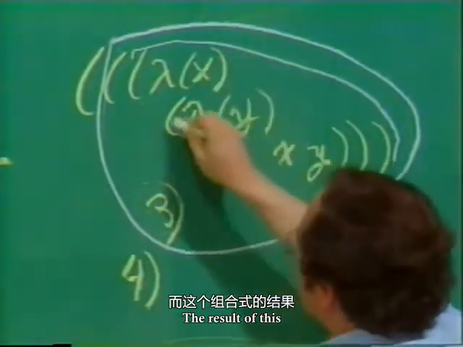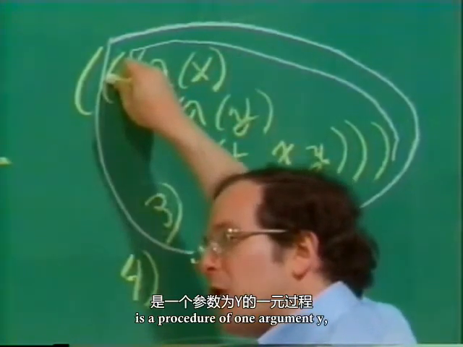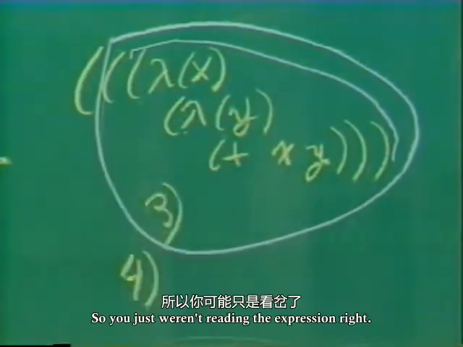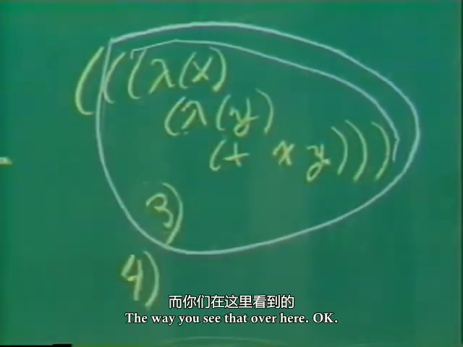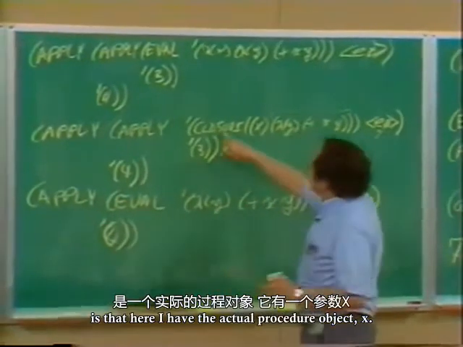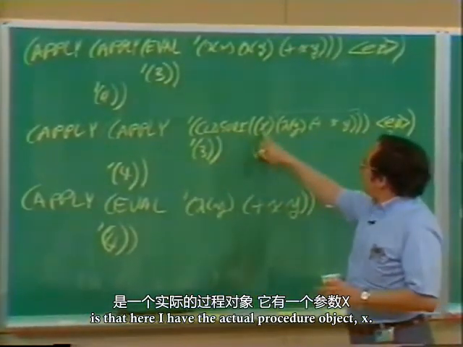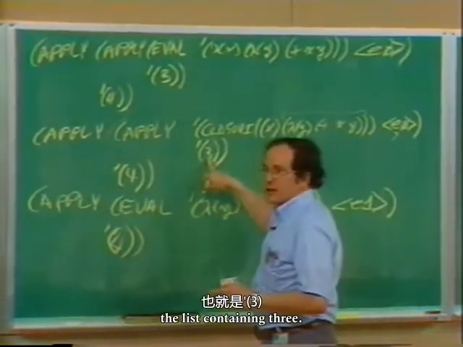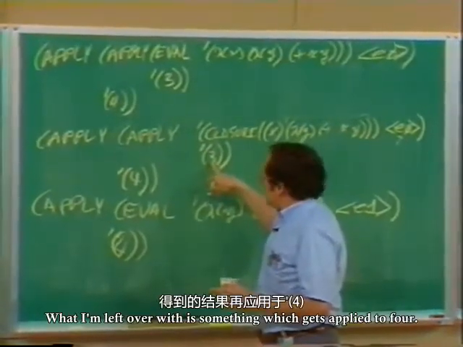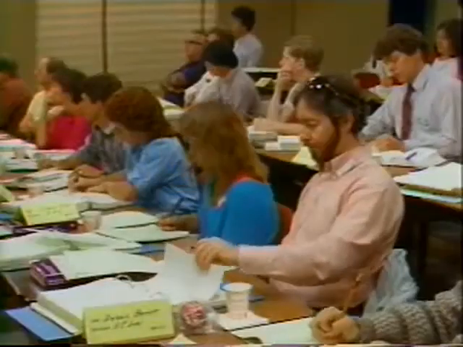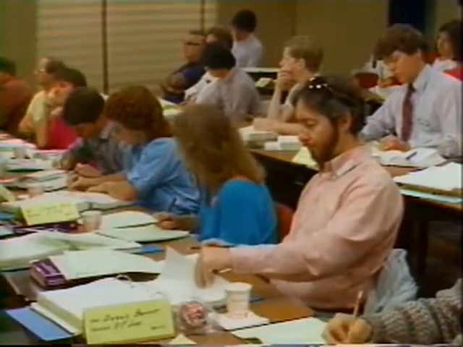The result of this is a procedure of one argument y, which gets applied to 4. Okay? So you just weren't reading the expression right. The way you see that over here is that I have the actual procedure object, x. It's getting applied to 3, to the list containing 3. What I'm left over with is something which gets applied to 4. Okay? Are there any other questions?